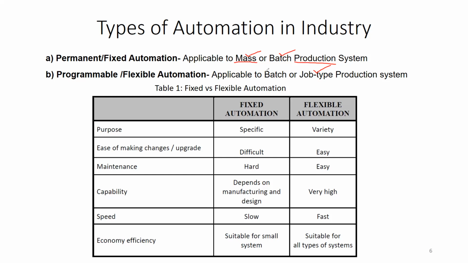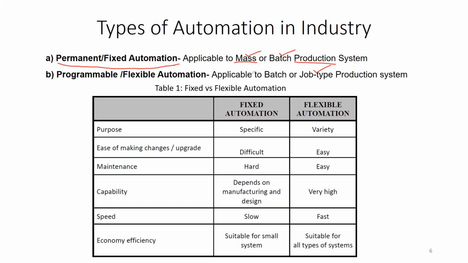As the number of products keep on changing, increasing or decreasing, there is a requirement of change in the production system. So you can't have a fixed type of system. You need a flexible type of system. What we want to say is that for a mass type of production system where the same part is produced, a fixed automation or permanent type of automation could be used.